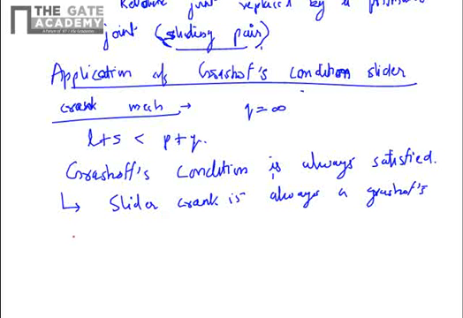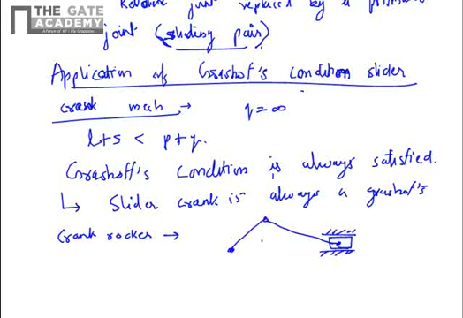Okay, so in a Grashof mechanism, what are the different kinds of categories possible? You can have a crank rocker. This is the most versatile application of the slider crank mechanism. You have a sliding pair here.